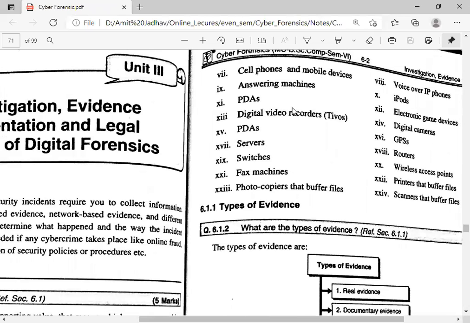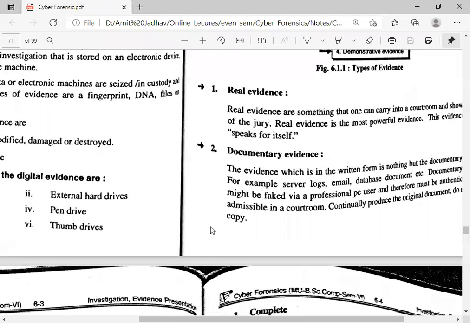Others are cell phones, mobile phones, voice over IP, answering machines, iPods, PDAs, electronic game devices, digital video recorders, digital cameras, GPS, servers, routers, switches, wireless access points, fax machines, printers and buffer files, photocopiers, scanners and buffer files. So these are the devices from where we can get the digital evidence.